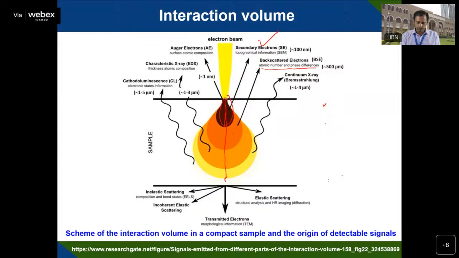So as the electron beam falls, you generate surface phenomena as well as different types of electrons coming out, based on different characterization.